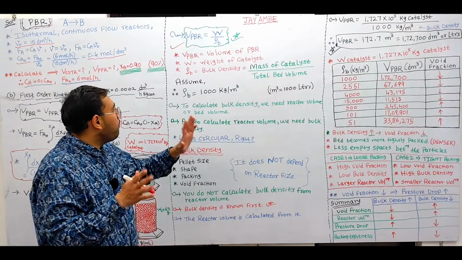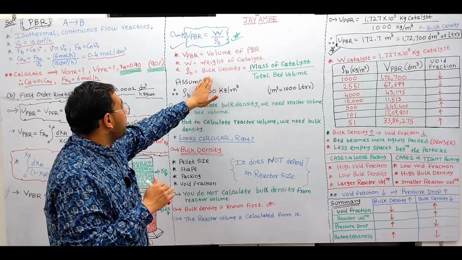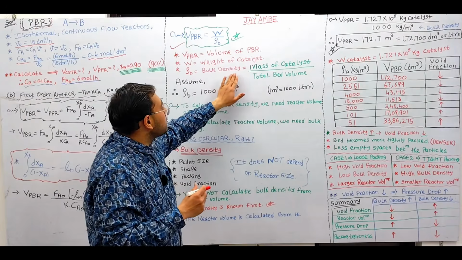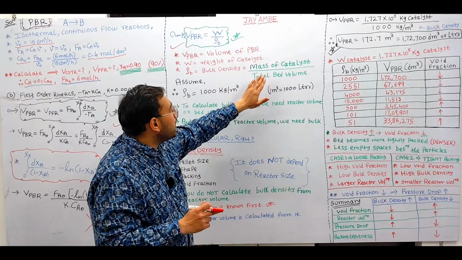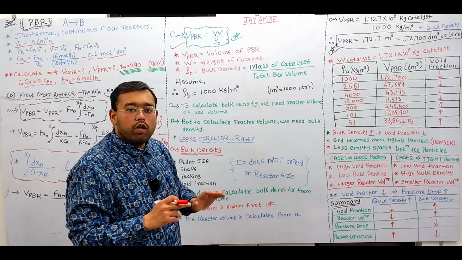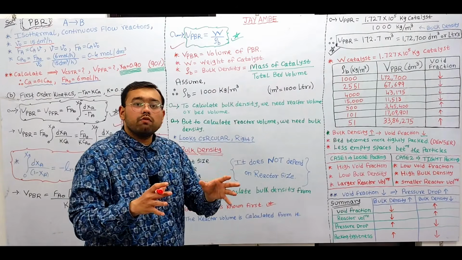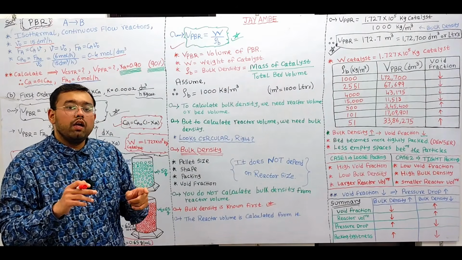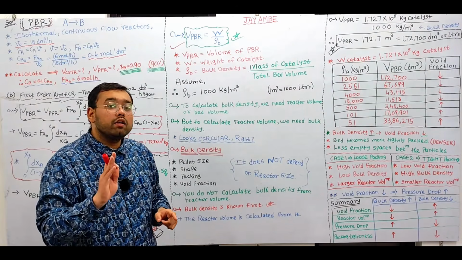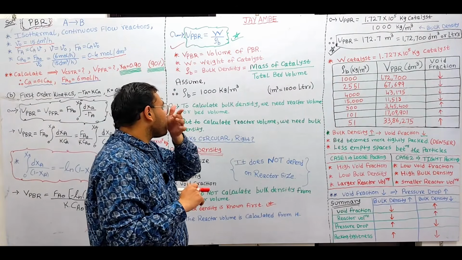Let's come back to the definition of bulk density. Bulk density is defined as the ratio of the mass of the catalyst divided by the total bed volume, or we can also say it is the ratio of the mass of the solid catalyst divided by the total volume occupied by the solid catalyst.